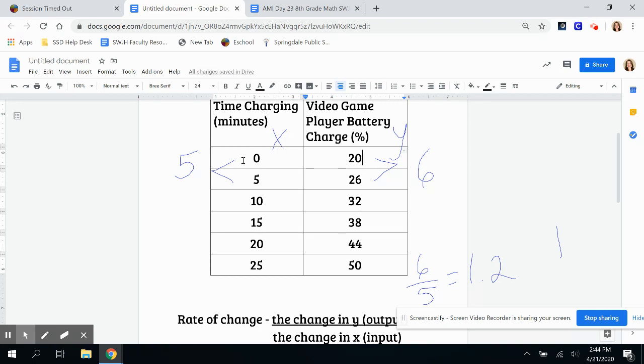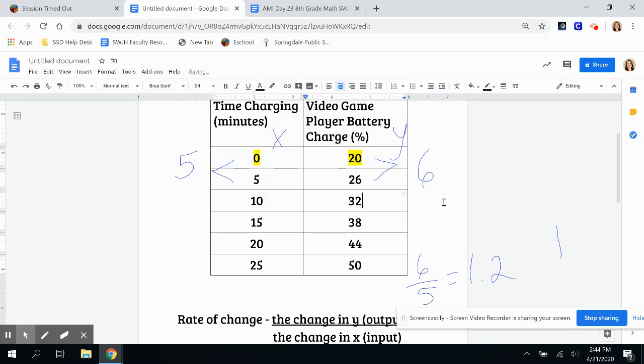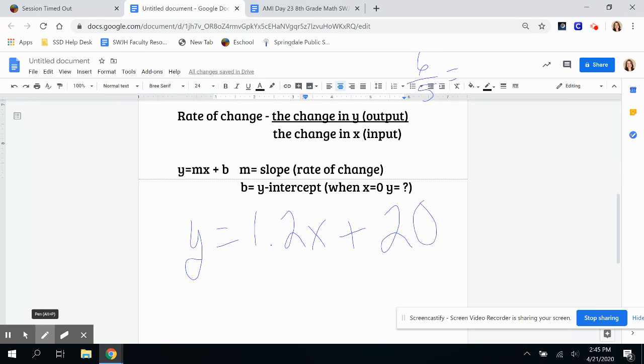So this here will give me our y-intercept. Now I can write my equation and figure out how much charging time I'll need. So I'm going to go down here and write it in. We said our rate of change was 1.2x plus our starting point of 20% when the battery is charged. When he plugged it in, it was 20% already.